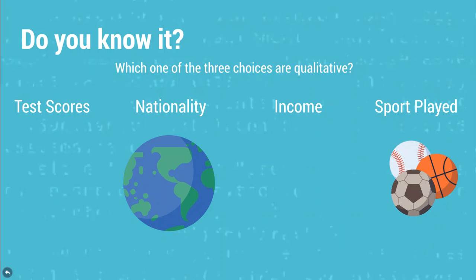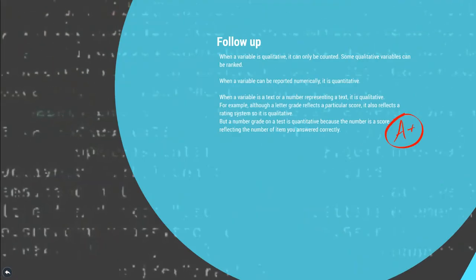We'll get into this a little bit later, but those would be ordinal qualitative data, where some of them would be nominal. Nominal would be you can't rank it. Ordinal would mean that you can rank it, but we'll get into that in the next lesson. Test scores are quantitative, and income is also quantitative because those are numbers.